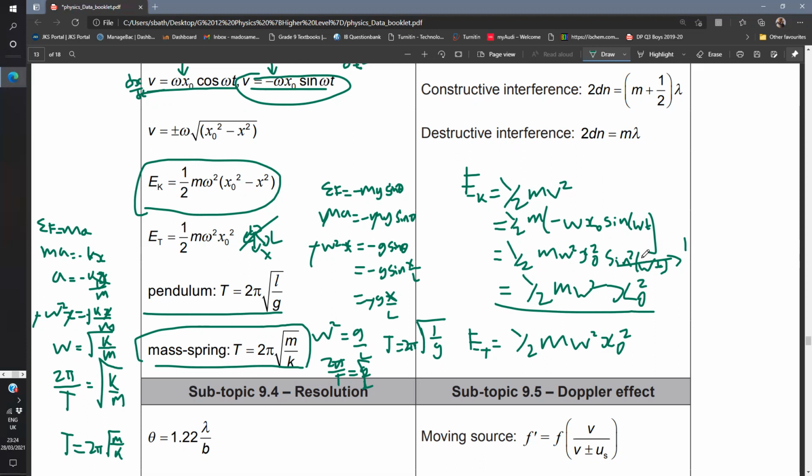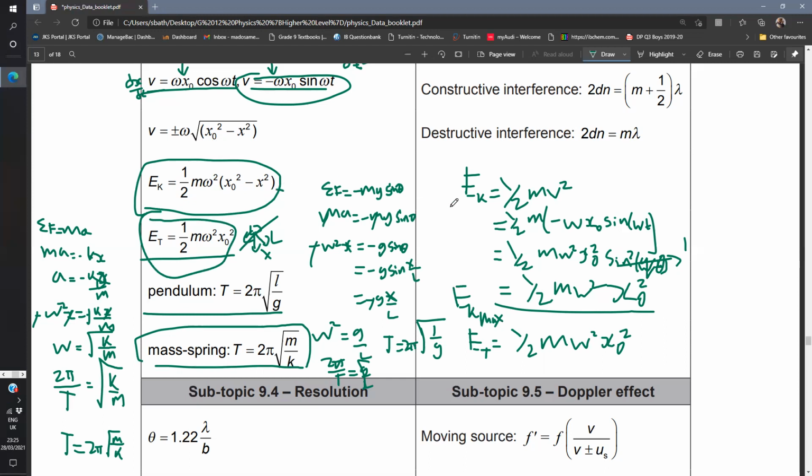So when this is the maximum, this is supposed to be 90, sorry. This is supposed to be 90. And this is actually the kinetic energy at the maximum point. So the kinetic energy at the maximum point will produce the E total, which is this formula. Okay, so that's that.